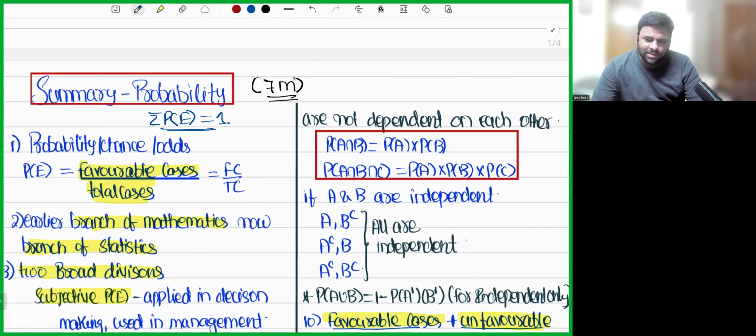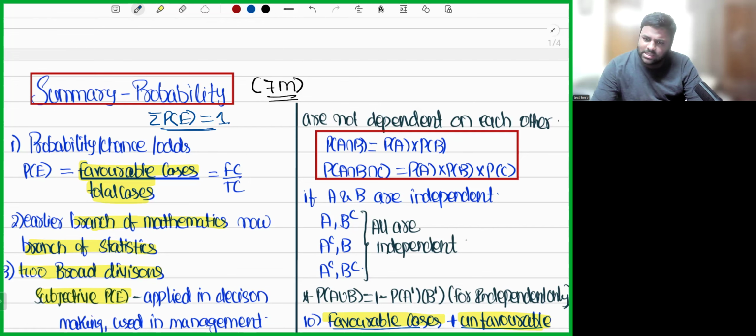Once more, let me revise everything I have taught. First, probability is nothing but calculating the percentage for future events. Probability is also called chance or odds. The probability formula is favorable cases by total cases. Favorable cases are cases which favor the event.